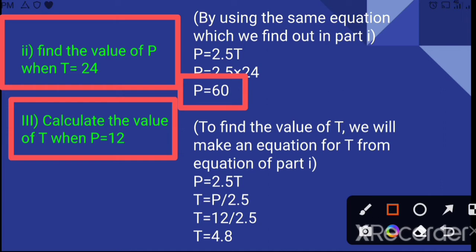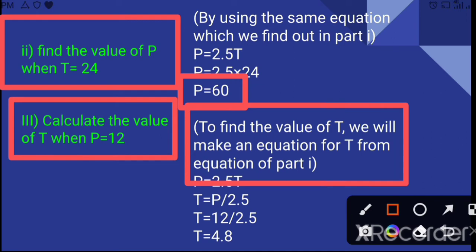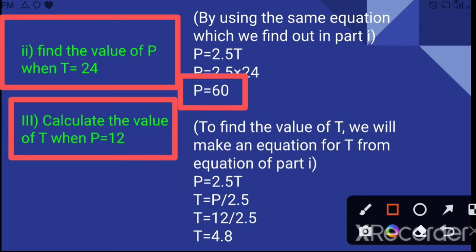For this purpose we first find the equation for T. To find the value of T, we will make an equation for T from the equation of part 1. The same equation will be used: P is equal to 2.5 T. Just doing alteration in it, taking 2.5 to the left hand side, we get the equation T is equal to P upon 2.5.